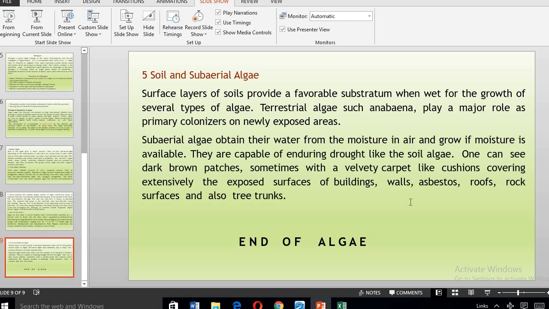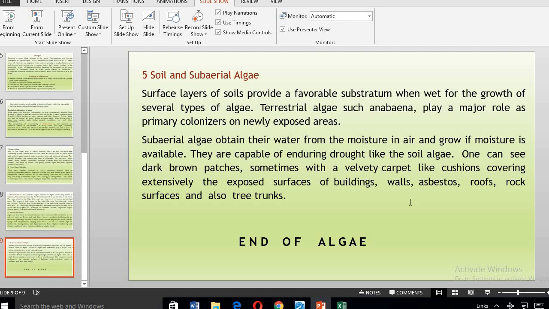Now, the surfaces of the soils provide a very favorable substratum when they are wet for the growth of several types of algae. Terrestrial algae like Anabaena play a major role as primary colonizers on newly exposed areas, and this we shall be looking at when we deal with succession.